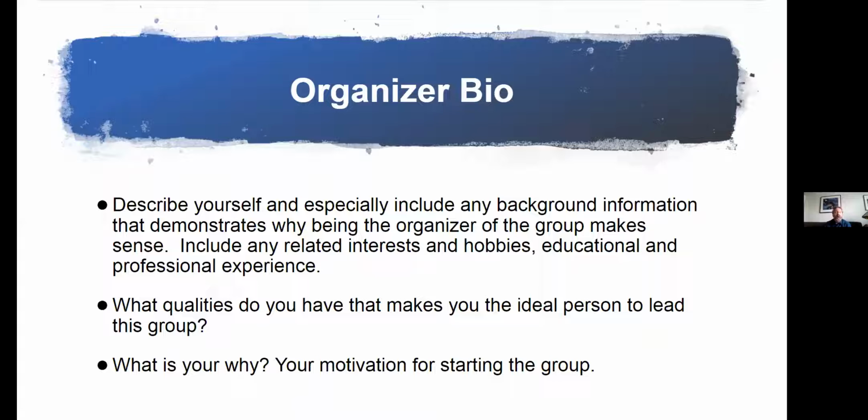Okay, organizer bio. This is something that's probably underutilized amongst the community of organizers on Meetup. The reason this is important is that people are going to take the time to join your group.